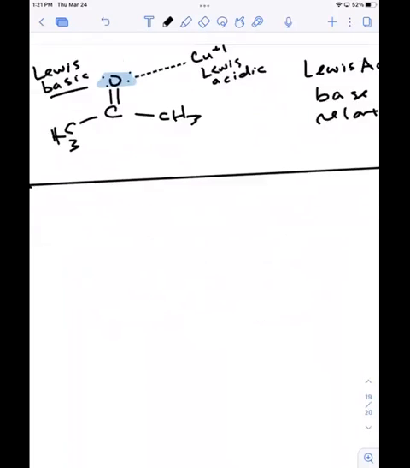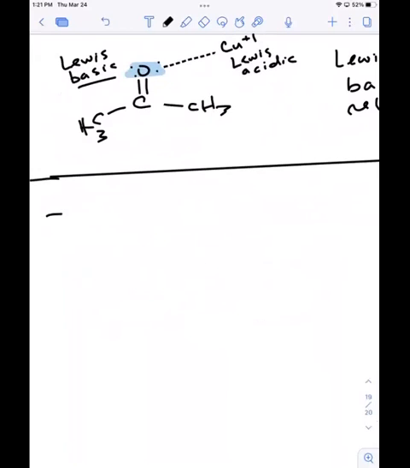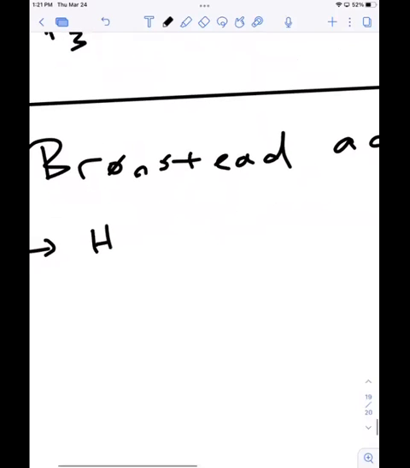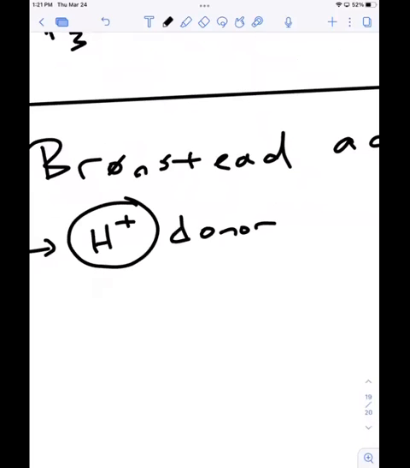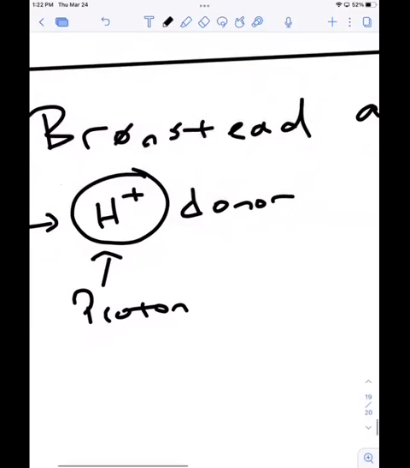But the more traditional definition of an acid that we think of commonly is what we call a Bronsted acid. A Bronsted acid is an H+ donor. H+, we commonly call this a proton, because it's a hydrogen ion that has lost one electron, so the only thing that's left is the proton that's in the nucleus. So we call it a proton.